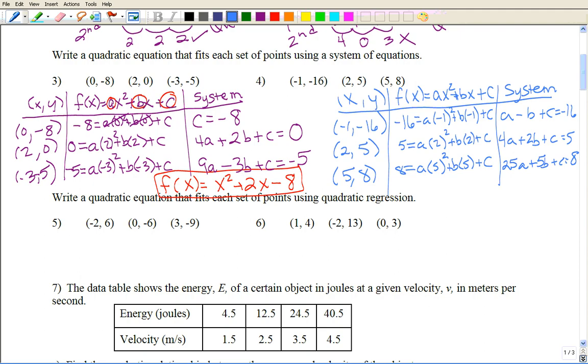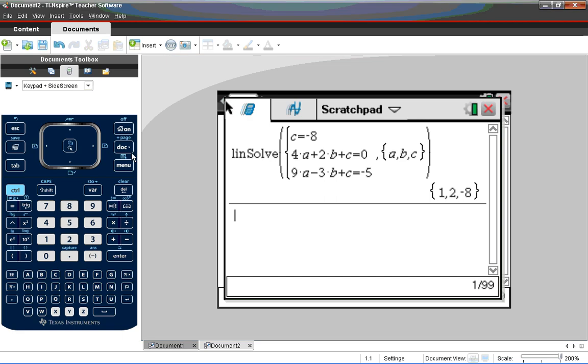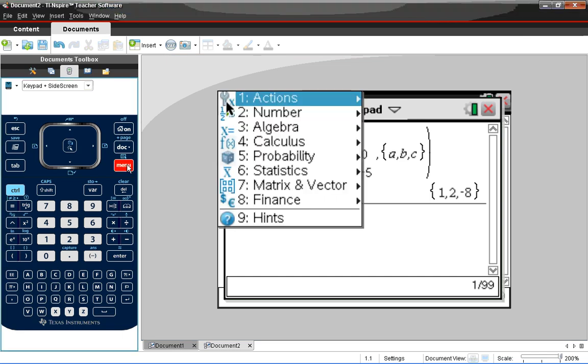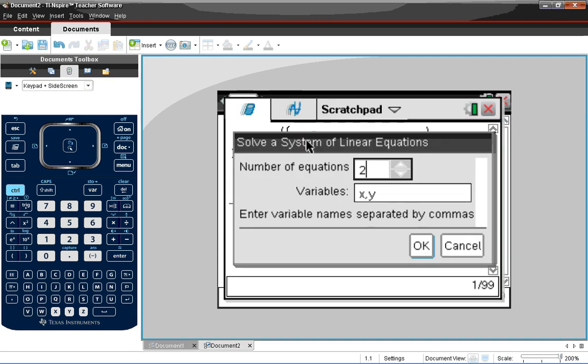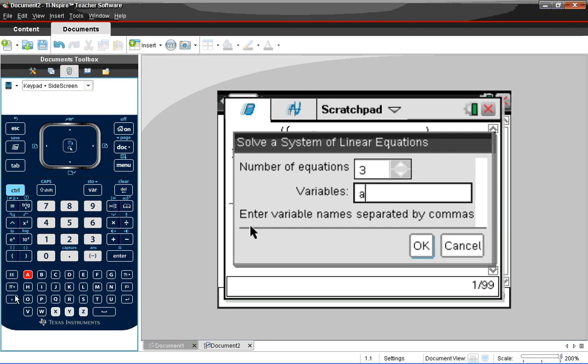So again, we'll go and type those into the calculator. So we'll go to Menu, Algebra, Solve System of Linear Equations. Again, we'll have 3. Let's use A, B, and C to cut out any of the confusion.